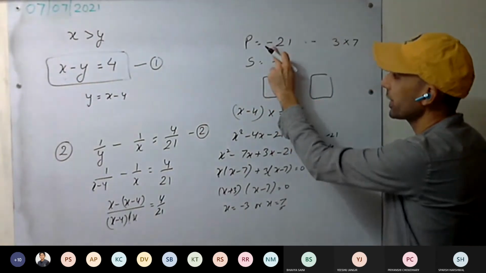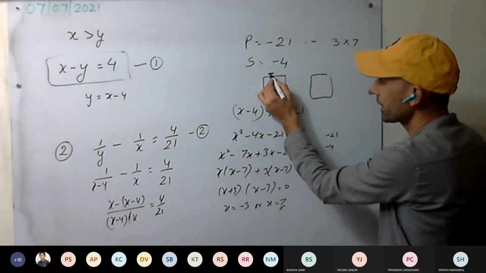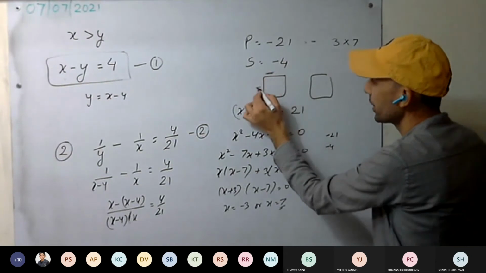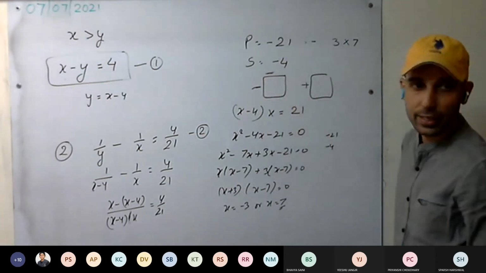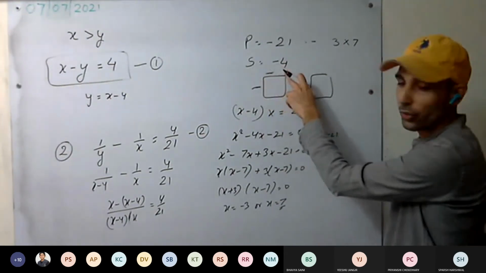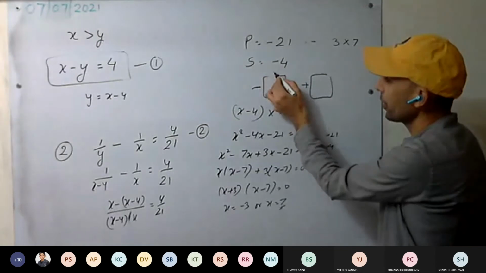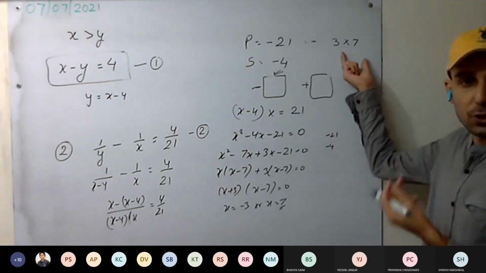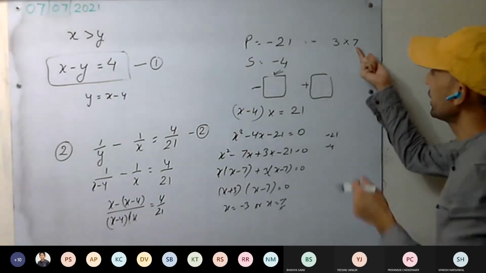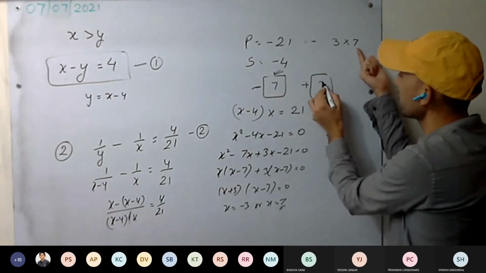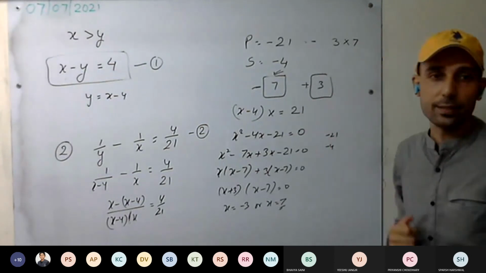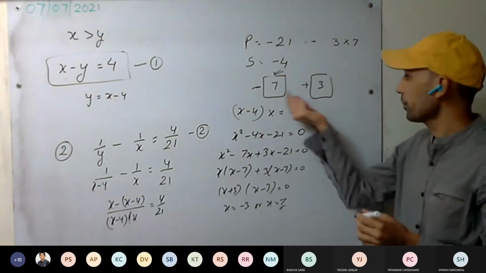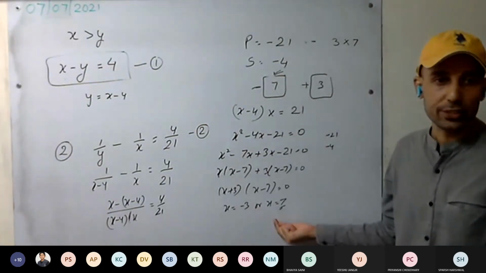The product is negative, which means one number is negative and the other number is positive. Now the sum is minus 4, which means the negative number is bigger and the positive number is smaller. Since there are only two factors, very easily we can get it: 7 has to be negative and 3 positive. So minus 7 plus 3 you can get by factorization.